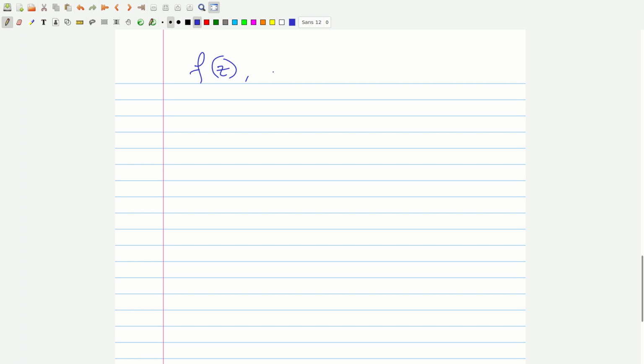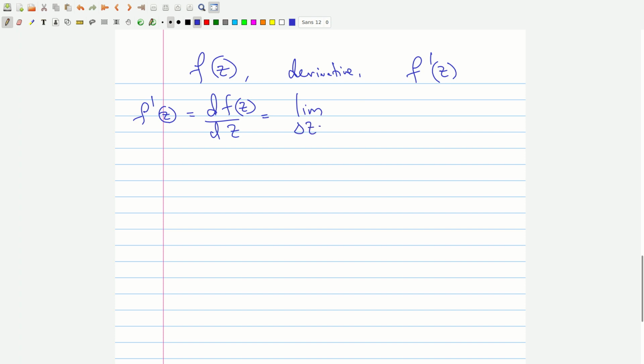We are going to define the derivative, which we denote f dash of z, as the derivative of f of z with respect to z, equal to the limit, if this limit actually exists, as delta z approaches 0 of f of z plus delta z minus f of z, all over delta z.